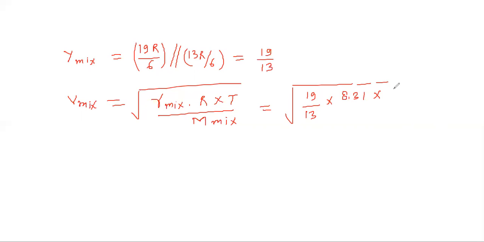Temperature is 27 degrees centigrade or 300 Kelvin. 300 divided by 68 by 3 into 10 to the power minus 3, which will give 400.9 meter per second. Now let's consider second part.